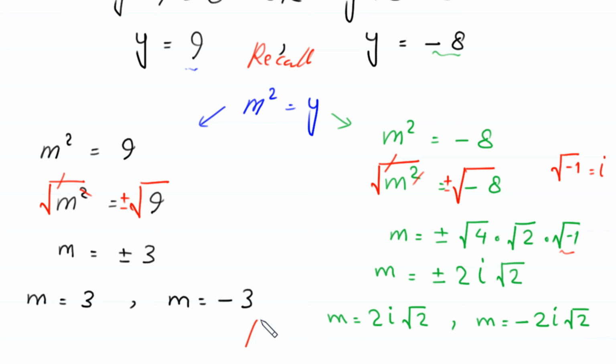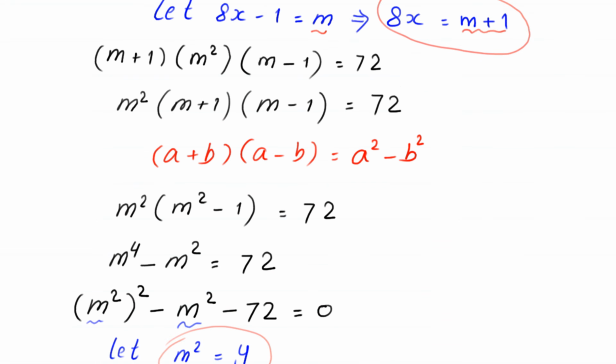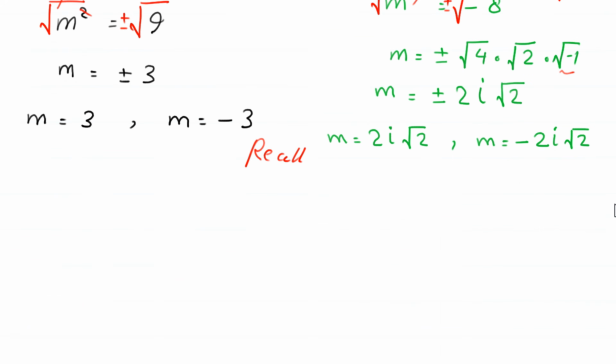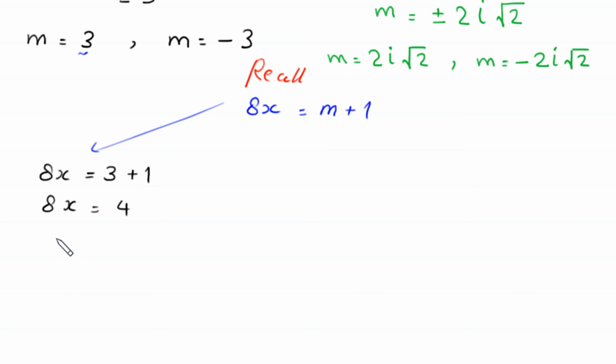Now to find the values of x, we recall that we have supposed that 8 times x is equal to m plus 1. So when m is equal to 3, then this equation will become 8 times x is equal to 3 plus 1, and 8 times x is equal to 4. x is equal to 4 over 8.